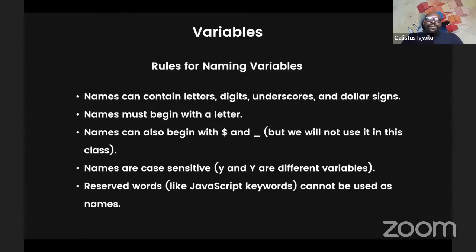But a name must begin with a letter. Very important. So if you want to name a variable, it must begin with a letter, not a number. You can't say 1bed equals, I mean the number 1, right? But you can start with bed1. The 1 will come somewhere, maybe towards the end. But you must start with a letter, not a number.